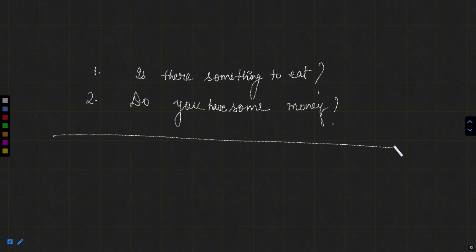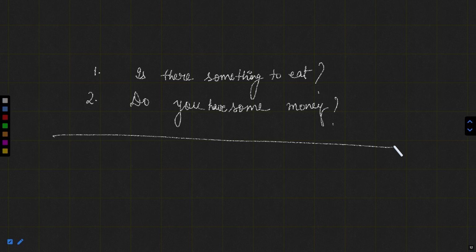In the first sentence, now let us create another situation. Suppose I went home, and as soon as I went home, I saw that maybe my mother has not cooked that particular vegetable or that particular dish or meal that I like to eat, or I want to eat.